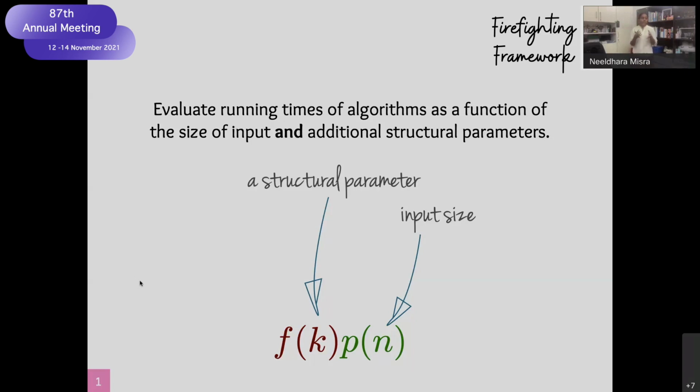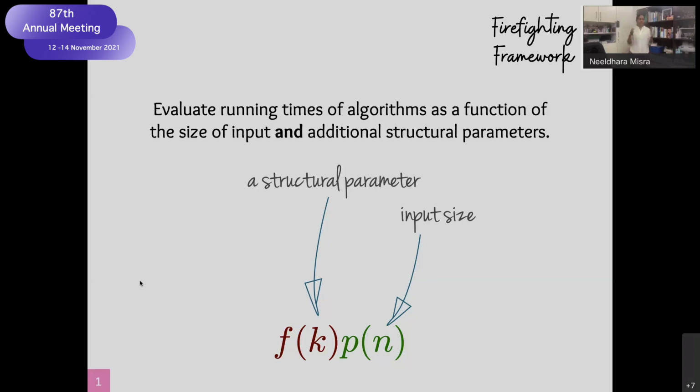So really it depends on choosing an appropriate parameter that would hopefully be small in practice. We know that in the worst case, your parameters are probably going to take values that can be as bad as n, can be omega n, but hopefully you're able to choose a parameter for which you can come up with algorithms with these kinds of running times, and for which the parameters are hopefully small in practice.